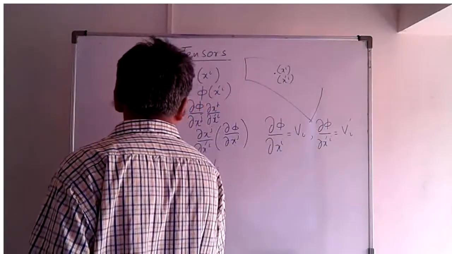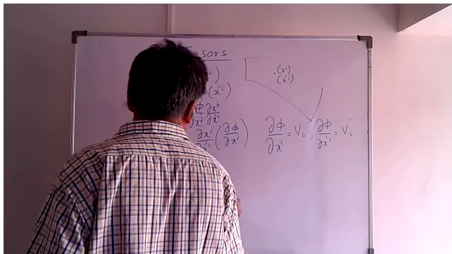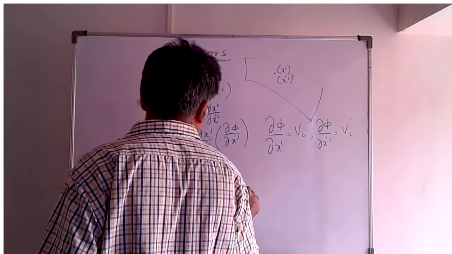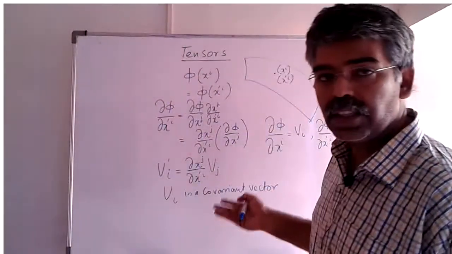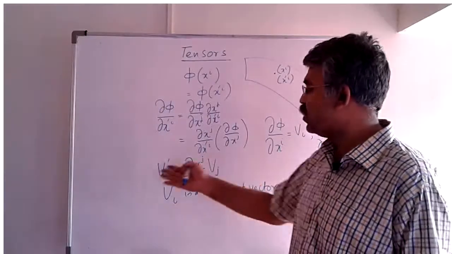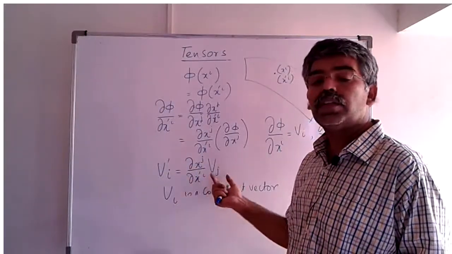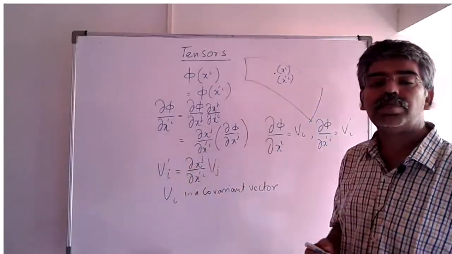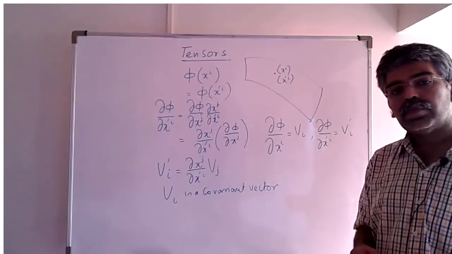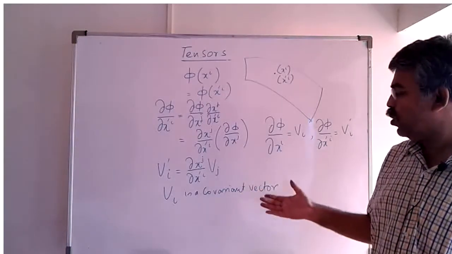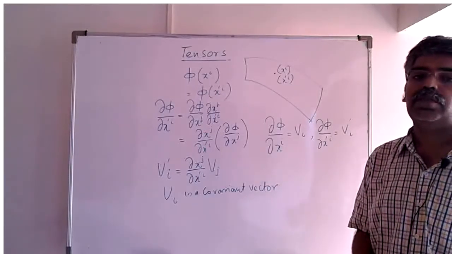This vi is a covariant vector. That means a vector which transforms like this. If this is the rule of transformation, this vector is a covariant vector. Clear? So a covariant vector transforms like the gradient of a scalar field.